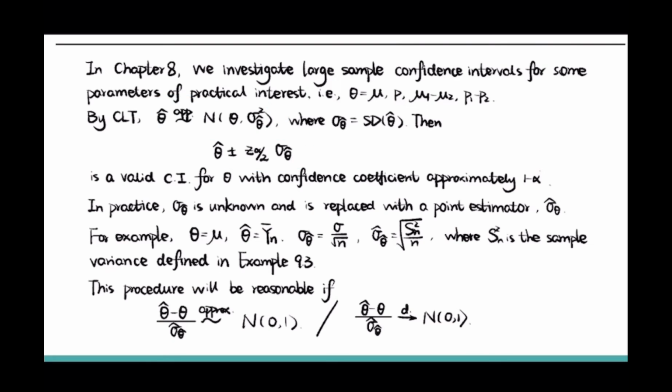So it should be reasonable to assume that if I divide the difference between the estimator and the parameter by the standard deviation of the estimator, it follows a standard normal distribution with mean zero and variance one, or we can force it to follow that.